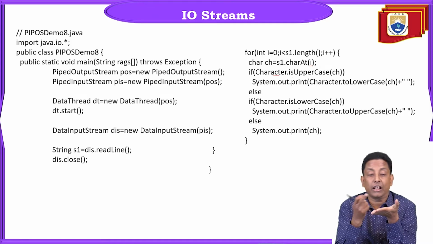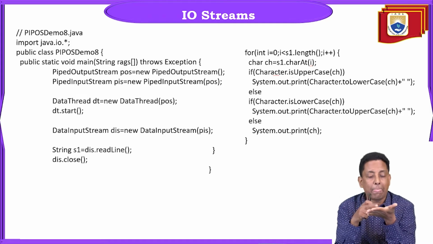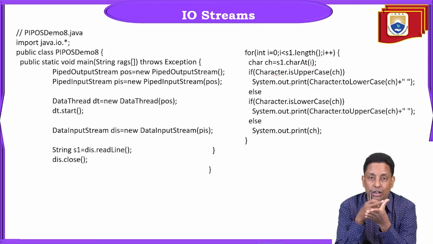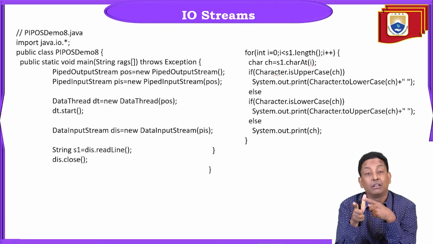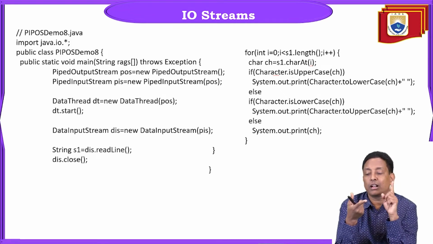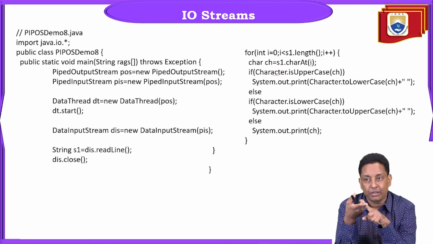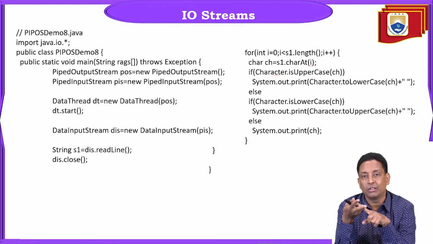These are all files only. Sometimes we want to write data into a socket, sometimes into a database, sometimes into an Excel file, sometimes into an XML file, like that.